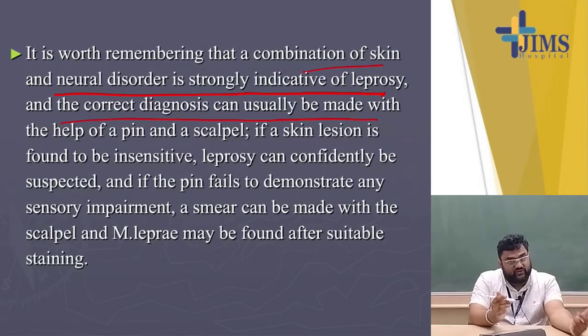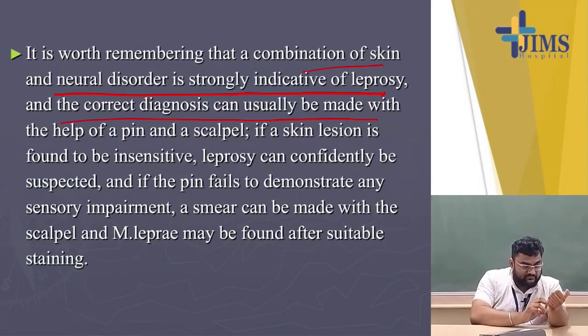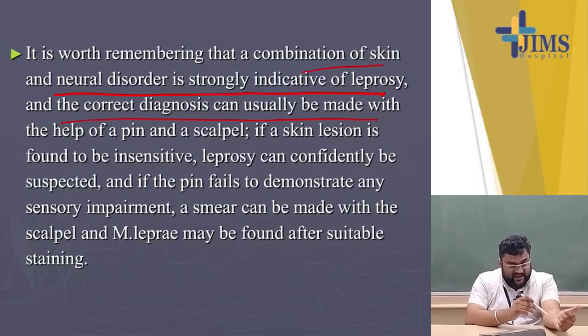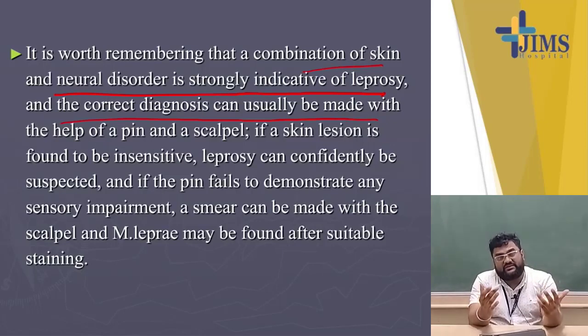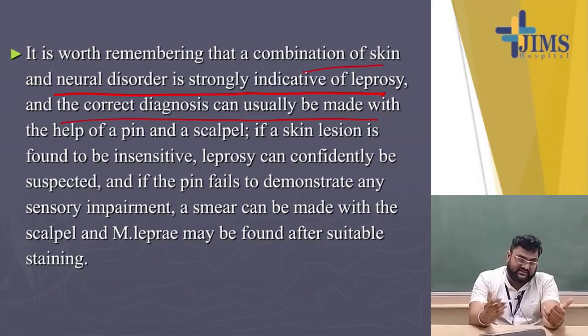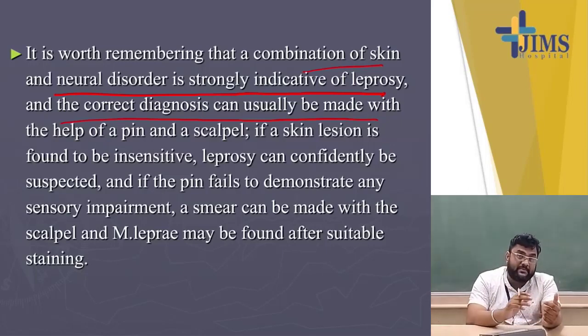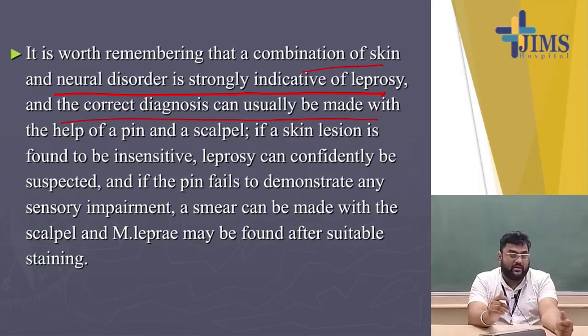The easiest way to diagnose is to touch the lesion and the same spot on the other side of the body and ask the patient whether they feel the same sensation. The patient will say that the sensation is decreased. Sometimes in reaction patterns the sensation may be increased, but definitely it is not the same sensation that we feel in the other parts of the body.